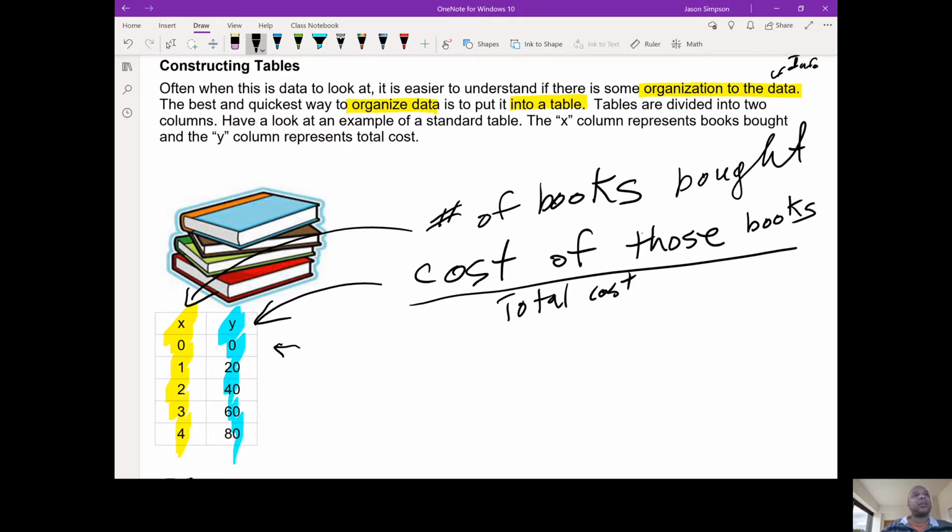Now, here's my question for you. What do you notice about the table that we have there?